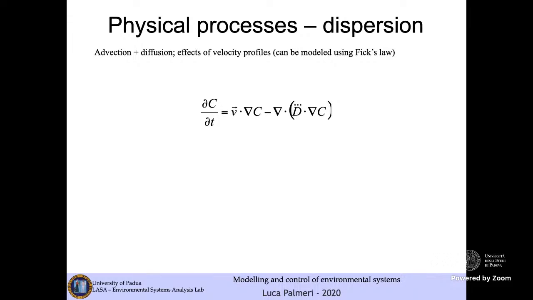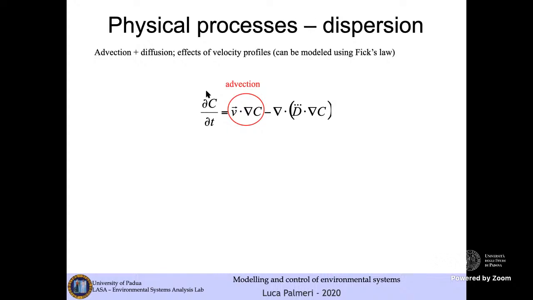Now let's put together all that we have learned in order to obtain a dispersion model. So it is an advection plus diffusion model. The effects of velocity profiles can be modeled using, for example, Fick's law. In this case, we may rewrite our continuity equation and recast our differential equation. This is a non-linear partial differential equation.